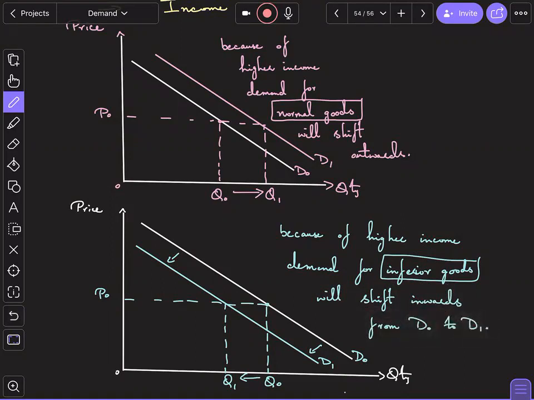This happens with the inferior goods if there is an increase in the income. What will happen if there is a decrease in the income, if there is economic recession, if unemployment is increasing, or if the average income of the population is going down? Then demand for normal goods will shift inwards and the demand for inferior goods will shift outwards.